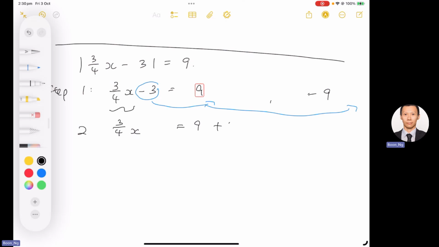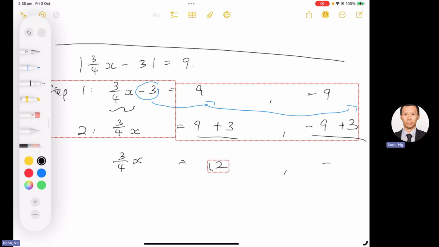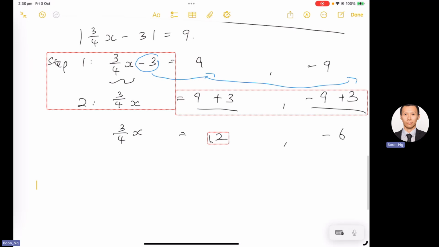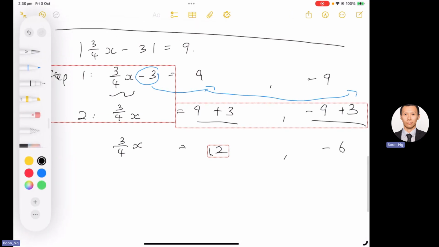So plus 3, negative 9 plus 3. Step 3, we combine these two, we get 12. We combine these two, we get negative 6.